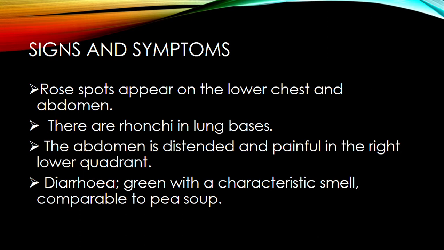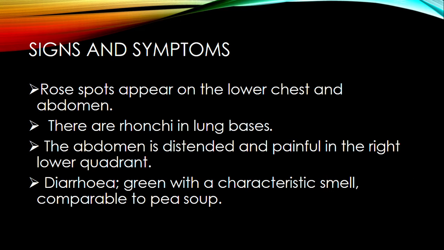So the rose spots may appear on the lower chest and abdomen. That's in the second week. Then the abdomen is distended and painful in the right lower quadrant. So the signs and symptoms have now started to become severe.